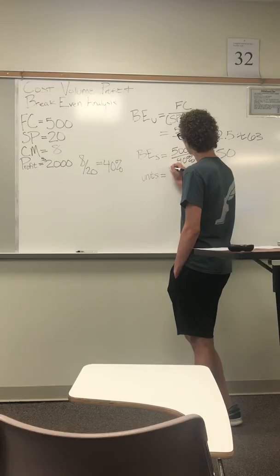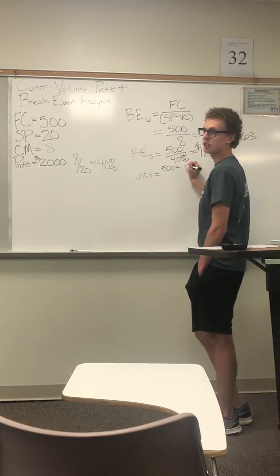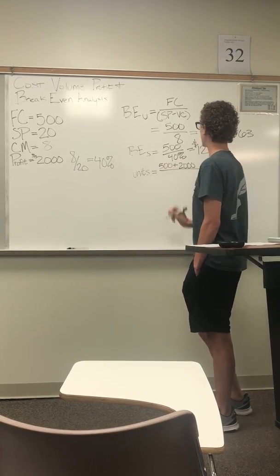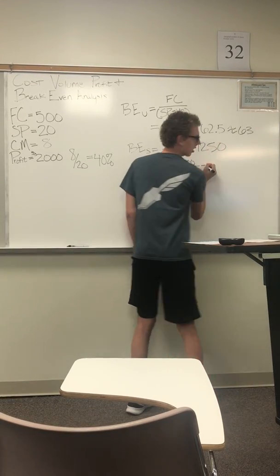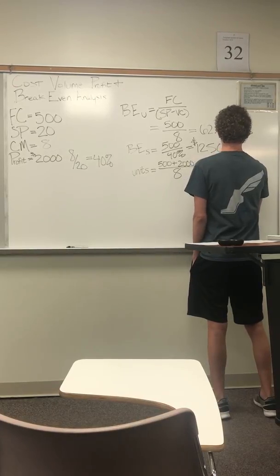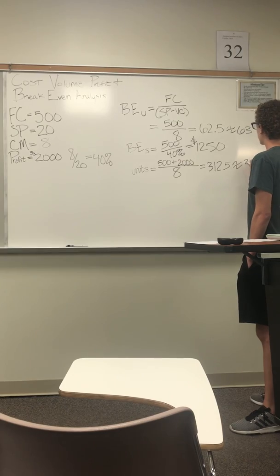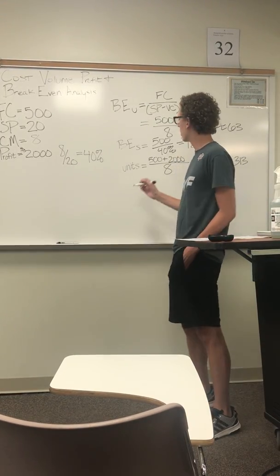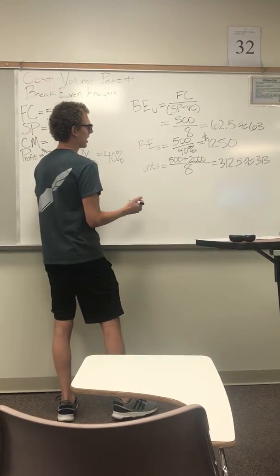It goes in the numerator, and you add it to your fixed costs. So now we have 2,500 divided by our contribution margin, and that gets us 312.5, or rounded up, 313 units that need to be sold in order to get our profit of $2,000.